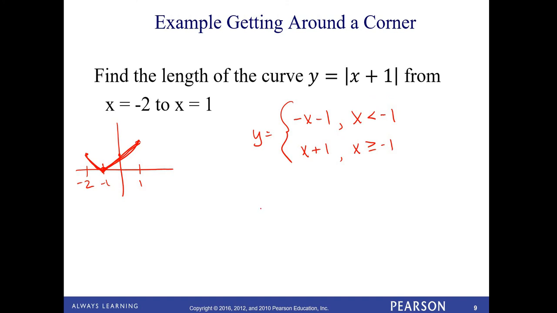So I'm going to break this down into two pieces. Go ahead and go to the next page so I have a little more room. I've got y equals negative x minus 1 for all x less than negative 1, and x plus 1 for all x greater than or equal to negative 1. So I'm going to integrate in two parts, from negative 2 to negative 1.